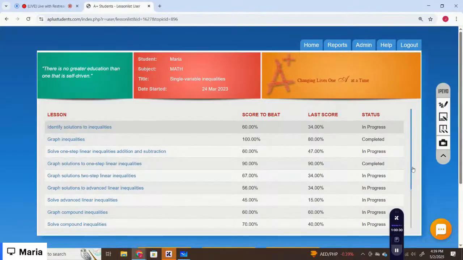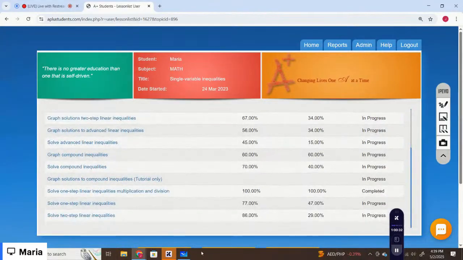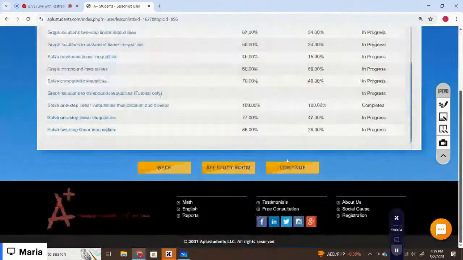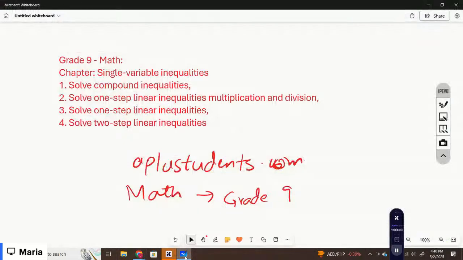The lessons we have covered today are solve compound inequalities, solve one-step linear inequalities, multiplication and division, and solve two-step linear inequalities. So please make sure before the next session you complete all the practice questions for the lessons we just did. That is your homework until the next session.